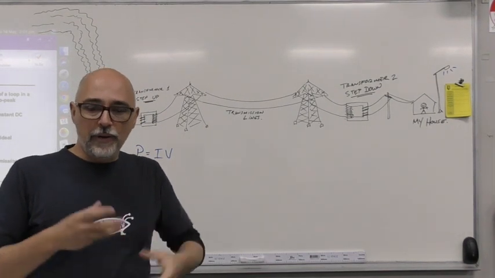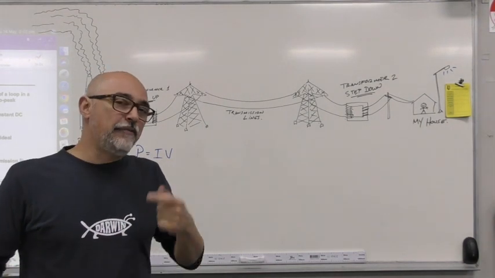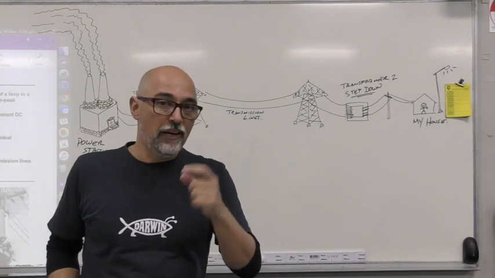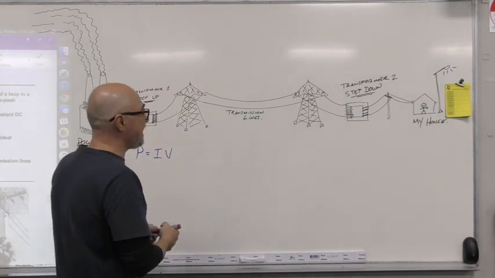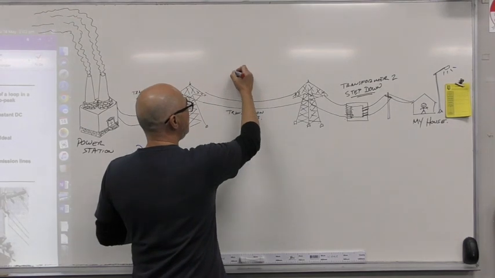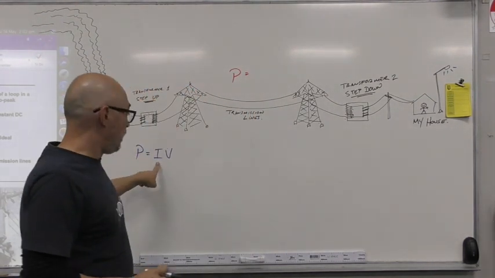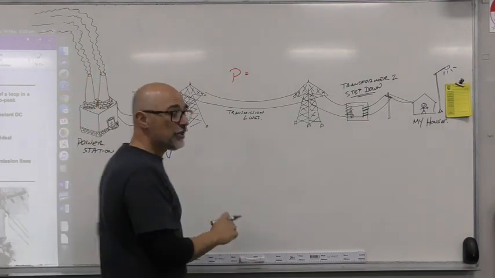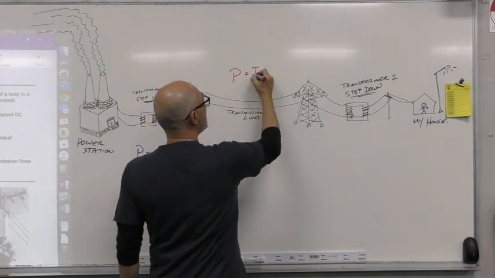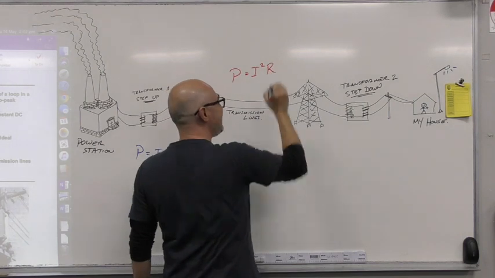we can take advantage of another thing that we've also worked out, and that is that power is not only related to the current multiplied by the voltage, but it's also related to the current squared multiplied by resistance.